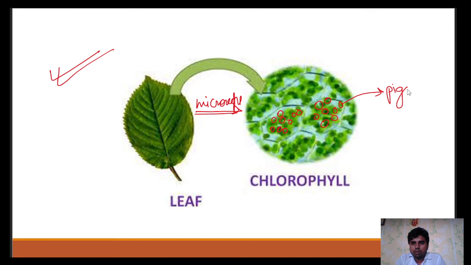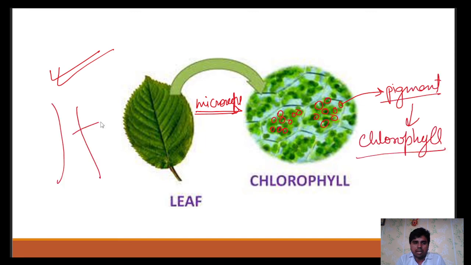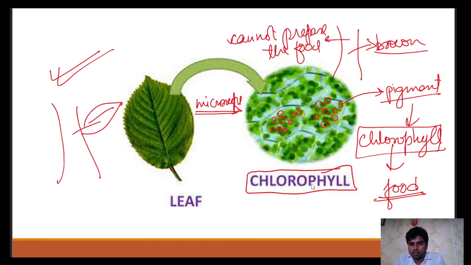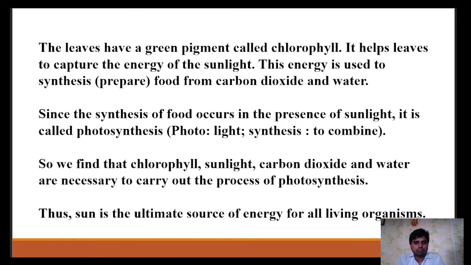Whichever part of the plant is green in color has the presence of chlorophyll, and of course that part of the plant can prepare food. But the other parts of the plant which are brown in color do not contain any chlorophyll, so they cannot prepare food. So the basic element which makes the leaf prepare its food is the presence of chlorophyll.